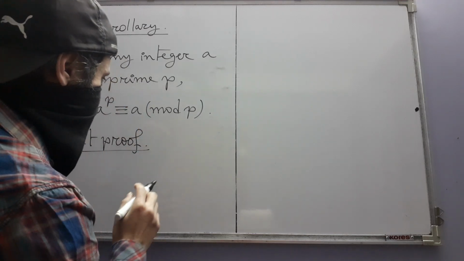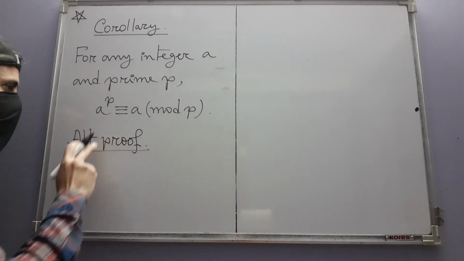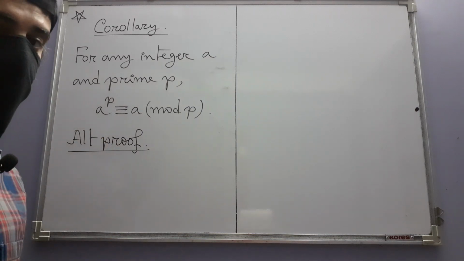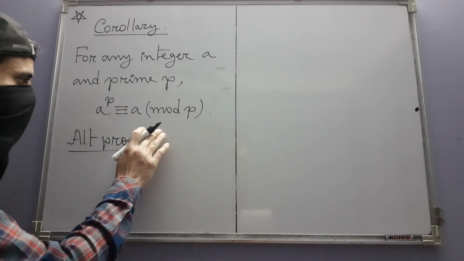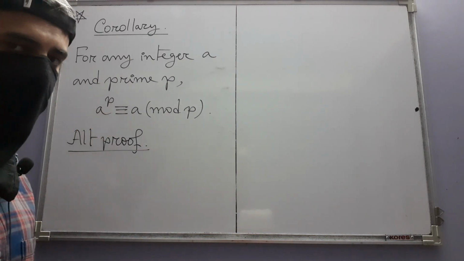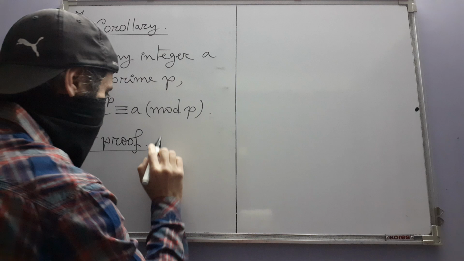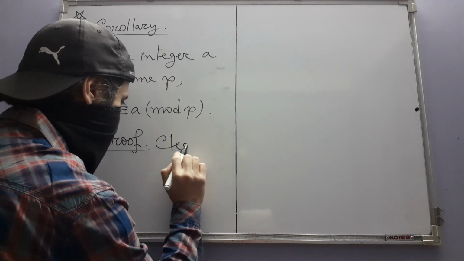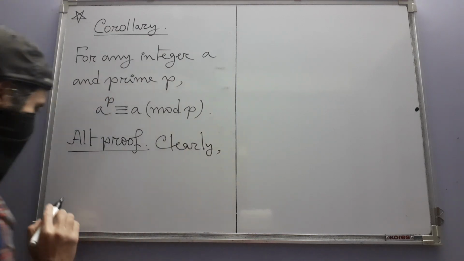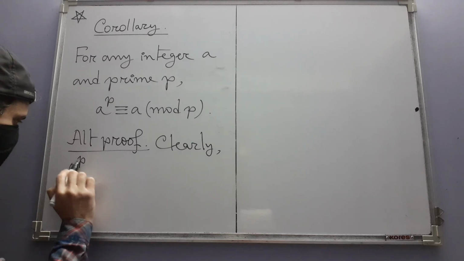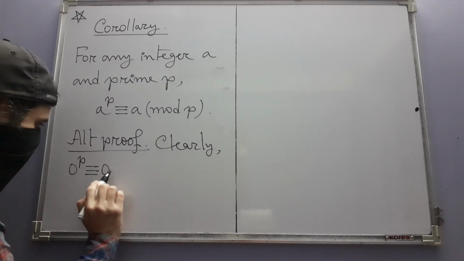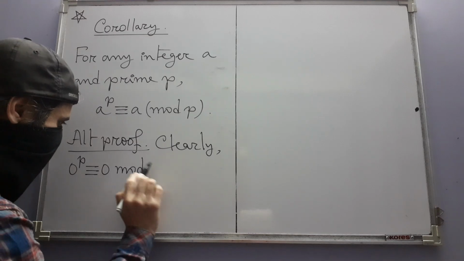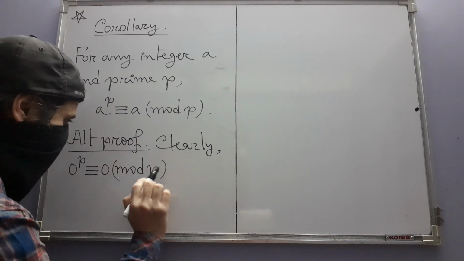We are first of all going to consider the case where a is a non-negative integer. In fact, let's take the case a equal to 0 separately. In that case, obviously it's true. Clearly, this is just equal to 0 and so is also congruent to 0 mod p.